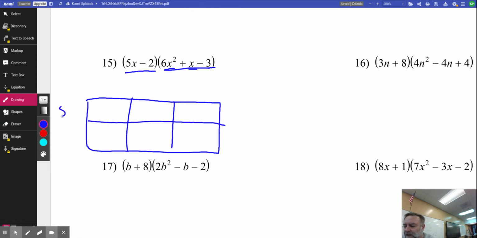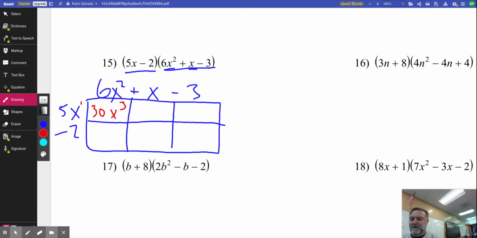And I have 5x minus 2. I have 6x squared plus x minus 3. And once again, I'm going to find the area of each of those little boxes. So 5 times 6 is 30. X to the first times x to the second is x to the third.